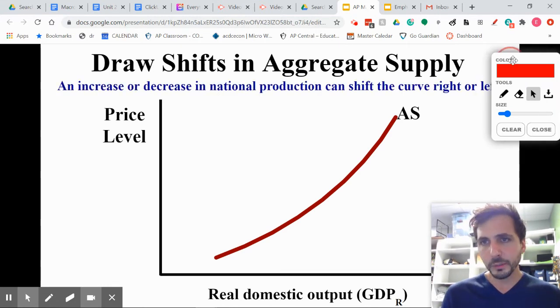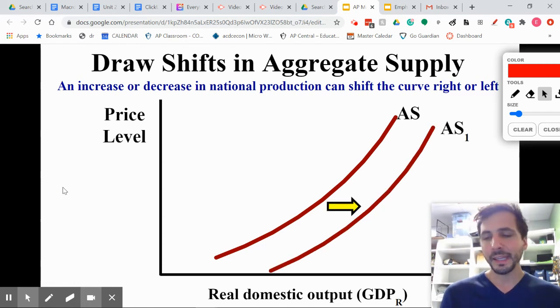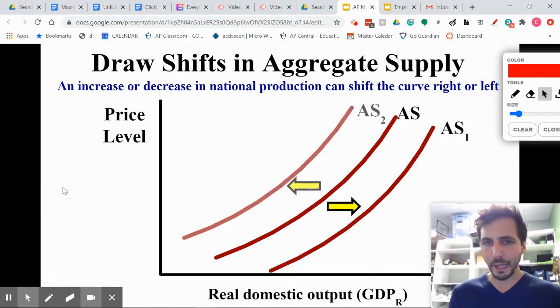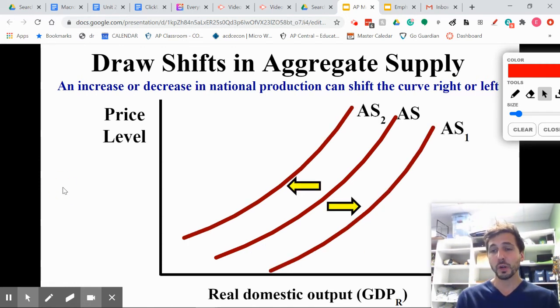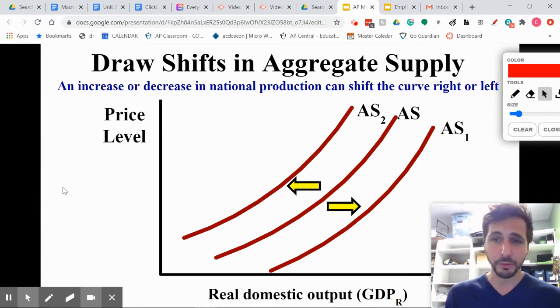But there are some determinants that shift the aggregate supply curve to the right and shift the aggregate supply curve to the left. And these things generally have to do with per unit production cost or just costs in general, right? When costs rise, we supply less. Every firm supplies less because they're less profitable. And when costs fall for producing, our supply shifts right because they're more profitable.